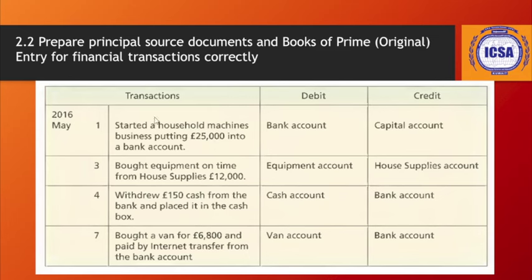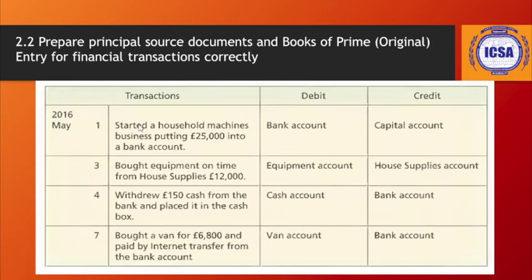To continue the same topic, we find some transactions given from May 2016: 1st May, 3rd May, 4th May and 7th May. There are certain transactions taking place, and it is clearly mentioned which account is getting debit and which account is getting credit against these transactions.